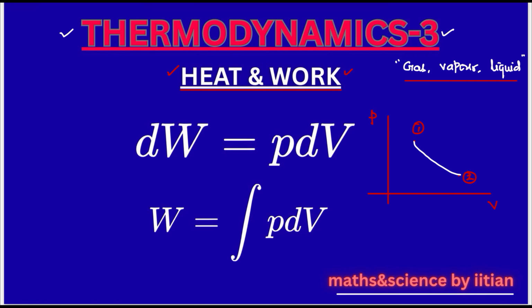If the process is having irreversibilities, then the process is shown with dotted lines. That means some irreversibilities are introduced into the system.